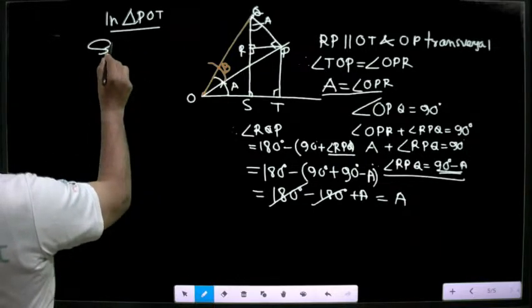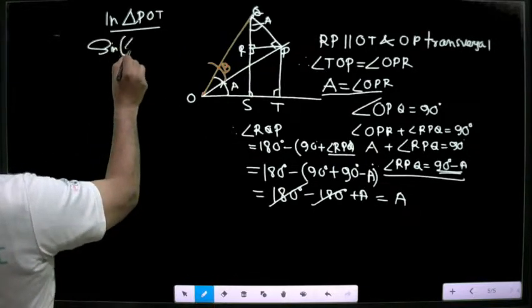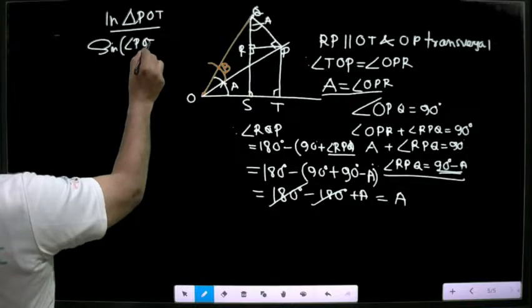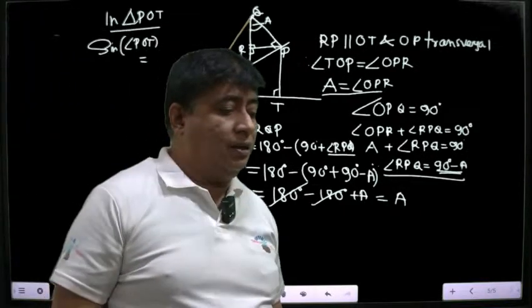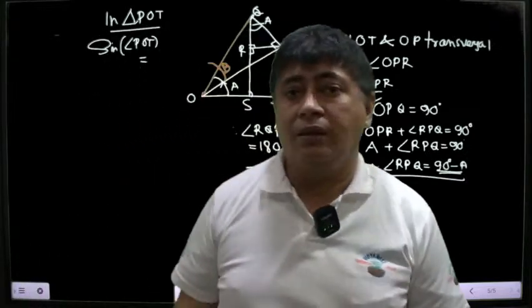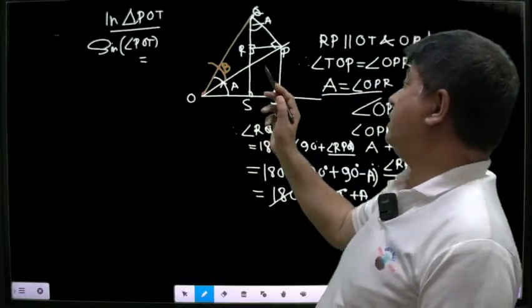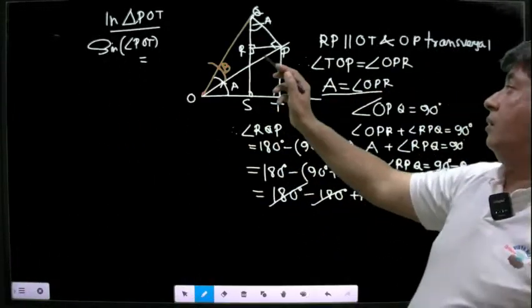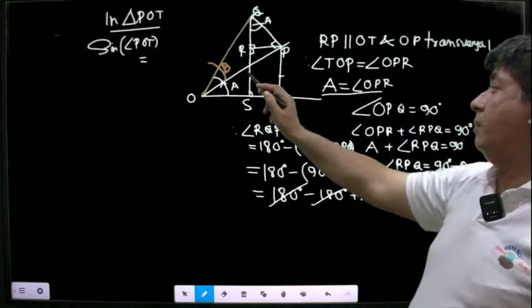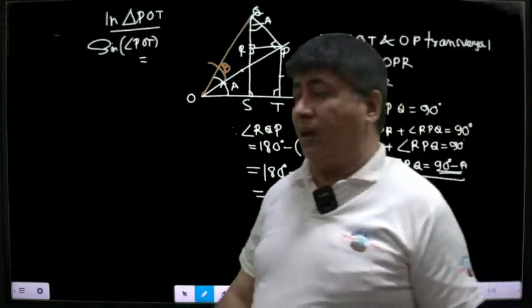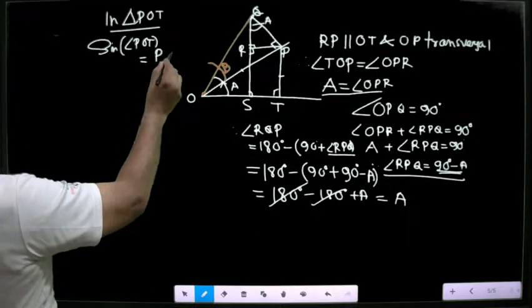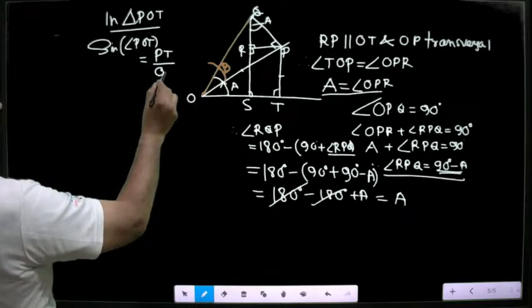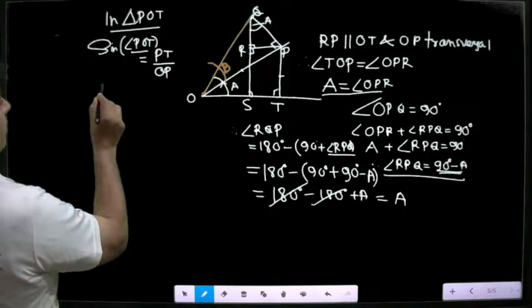Sine of POT. Sine of POT is perpendicular by hypotenuse, PT by OP. POT measures A, so sine A is PT by OP.